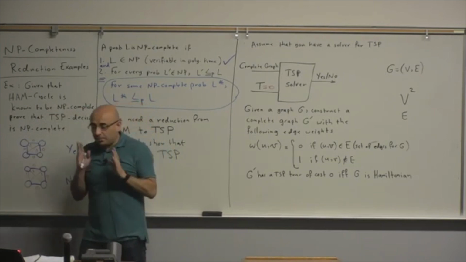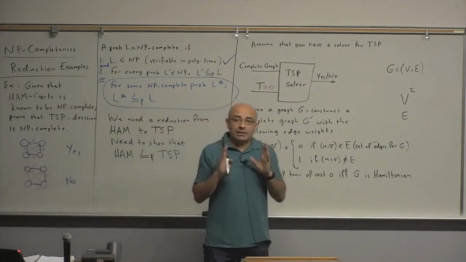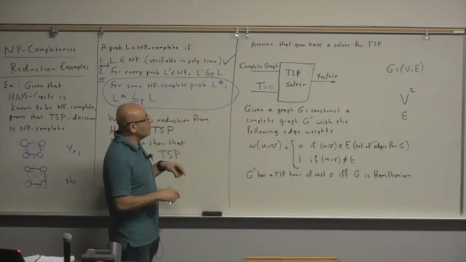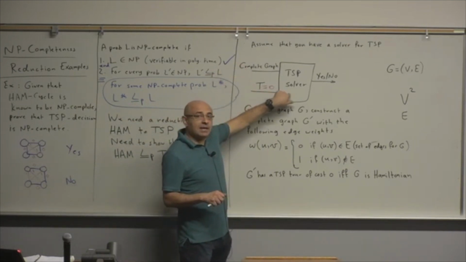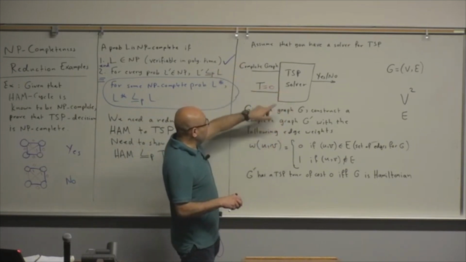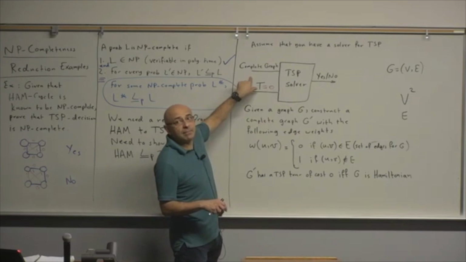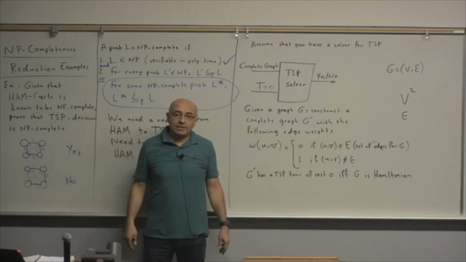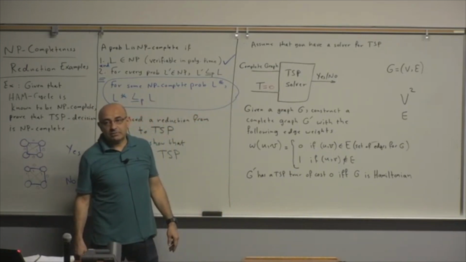NP-complete means it does not currently have a polynomial time solution. Nobody knows a polynomial time algorithm for solving it. So by reducing Ham to TSP, you are saying that if a polynomial time solution to TSP exists, I can use it to solve Ham. And this will contradict what you are given. You are given that Ham does not have a polynomial time solution.